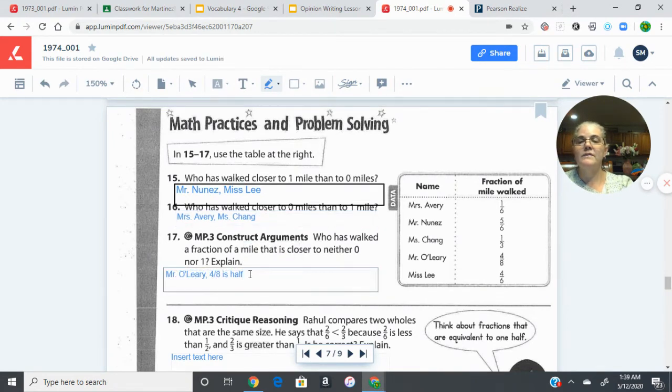That 4/8 is halfway between 0 and 1. So 4/8 is equal to 1/2. Alrighty.